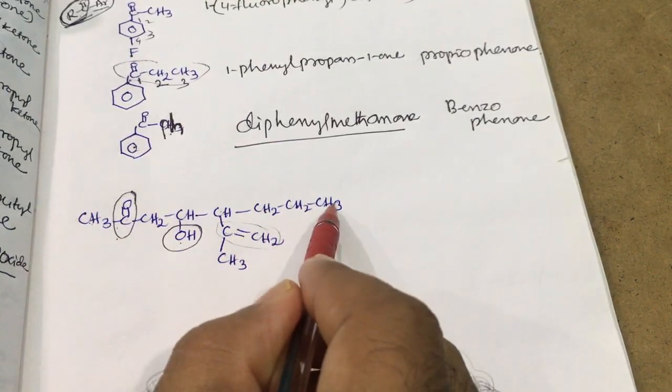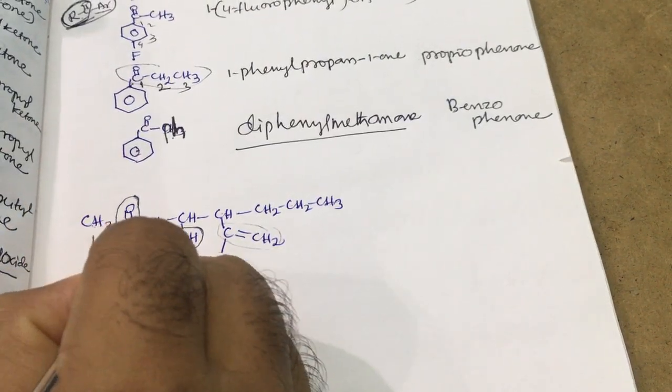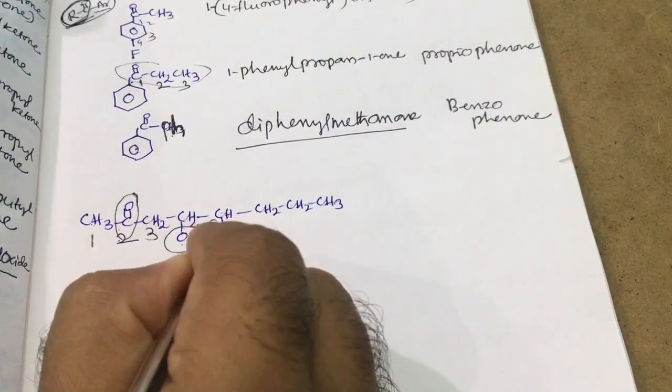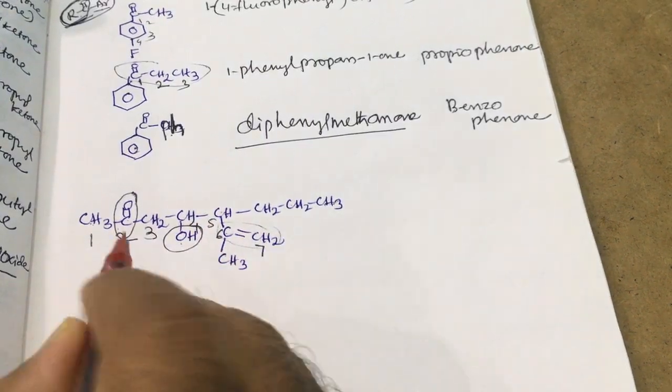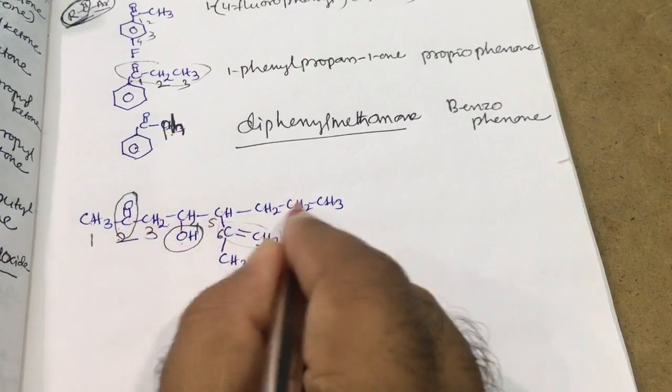The straight chain does not have the multiple bond. So that is 1, 2, 3, 4, 5, 6, 7, and this is considered as the principal carbon chain. The other is not considered because it has only single bonds.